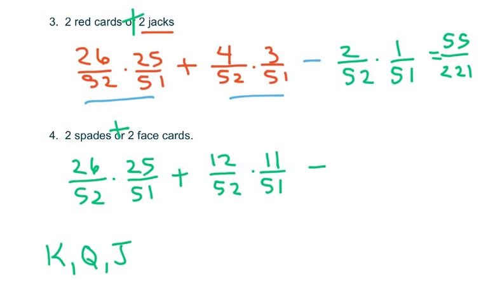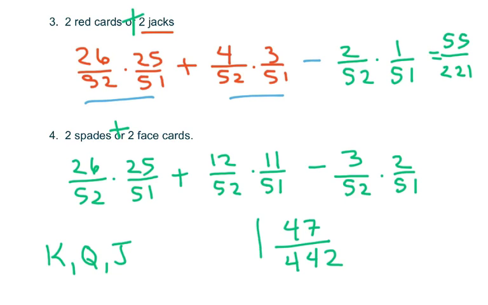So in this case, we already counted those three face cards that are spades. So you're subtracting out 3 over 52 times 2 over 51. All right, and you have to think about some of these because this video is going pretty fast. And you will get 47 over 442 when you use your calculator.